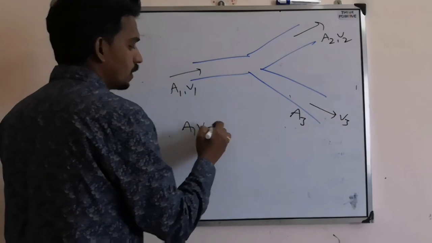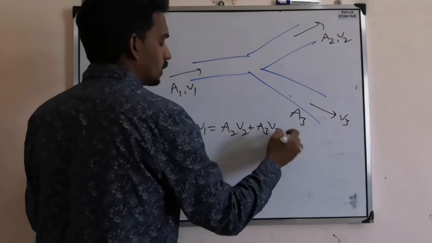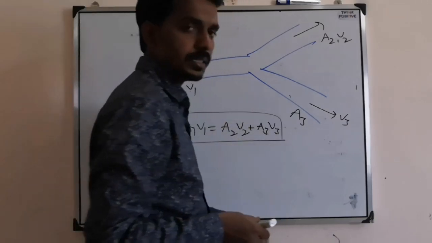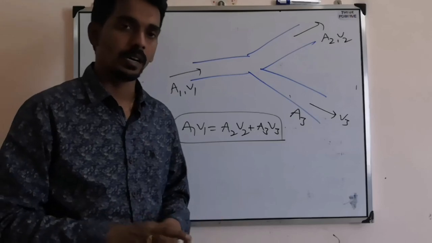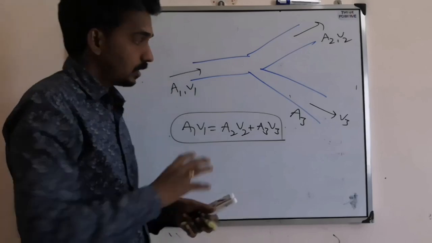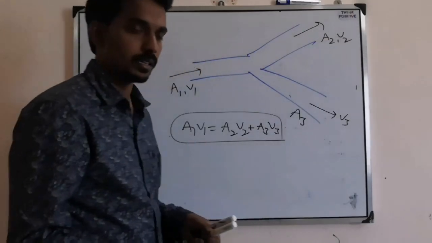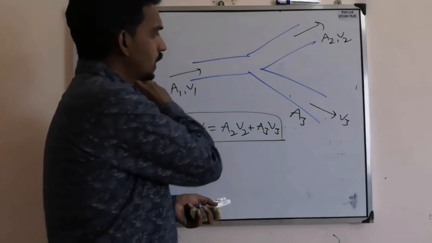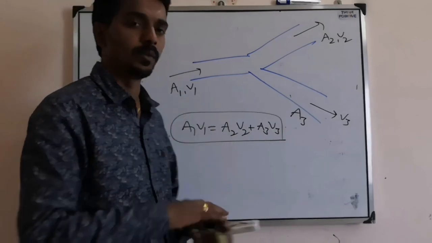Then the inflow A1 V1 should be equal to A2 V2 plus A3 V3. This is just like Kirchhoff's junction law in current electricity, where at any junction the total incoming current equals the total outgoing current. In the same way here, the total inflow must equal the total outflow.